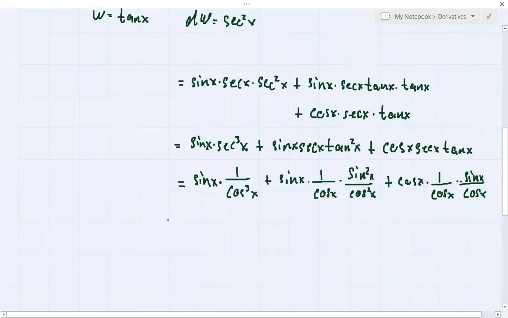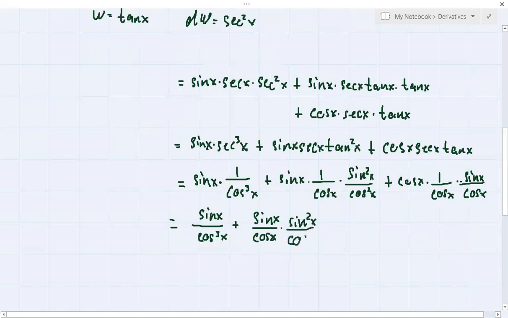So we can now simplify. So dito, here, we have sin x times 1 all over cosine cube of x. So we can have sin x all over cosine cube of x. Pwede ito. Next, in here, sin x times 1 all over cosine x, ganito siya. Sin x all over cosine x times sine squared x all over the square of cosine.